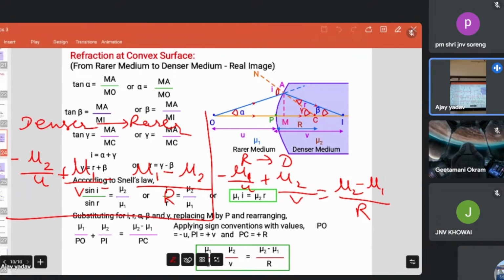So all equations are almost the same. There is change only in the sign convention and the diagram that we draw, and there is no other change.